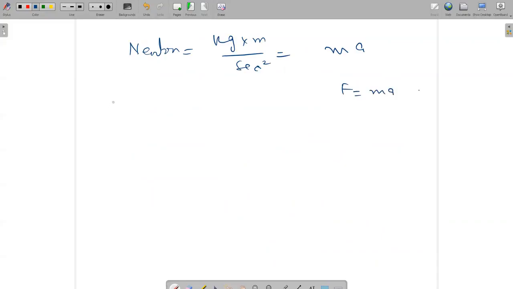And similarly, you should know that work is what? Work is force into distance. This is Newton and this is meter. And Newton you can write here and then solve it. This is the simplest way to solve any units or dimension. So remember in physics, this is very, very important. This is the general rule.